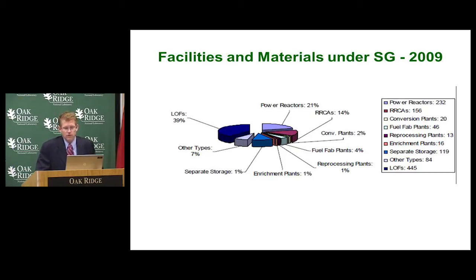You can see 46 fuel fab plants, 20 conversion plants, 16 enrichment plants, 13 reprocessing plants. There's 119 separate storage facilities and 445 lofts or locations outside of facilities.